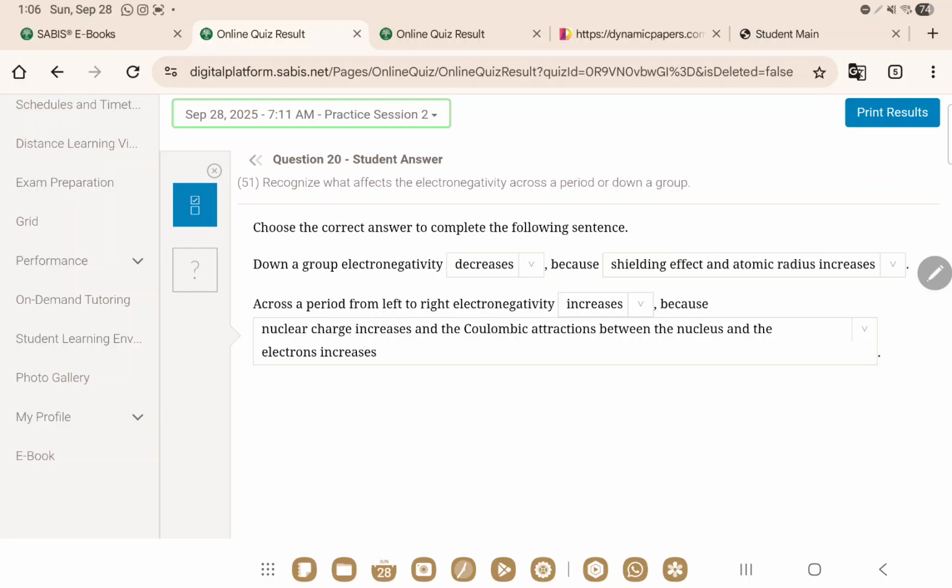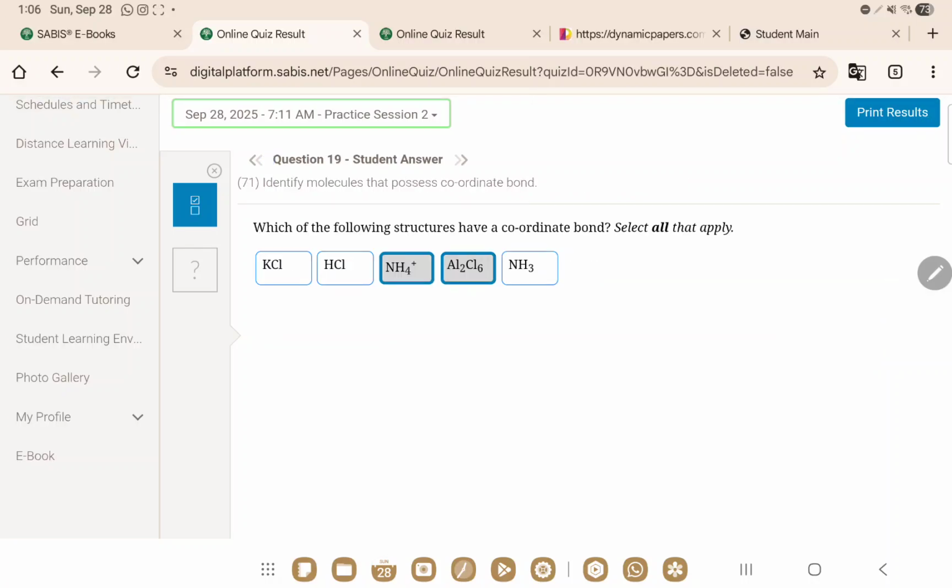By the way, dative bonds, from what I've seen, most likely always involve group 3. You usually always have group 3 involved, or group 5. It's either group 3 or 5 involved. For dative bonds, you could be suspicious when you see anything from group 3 or 5.